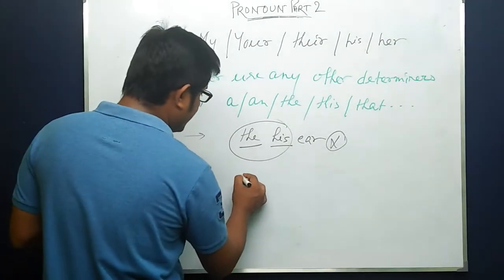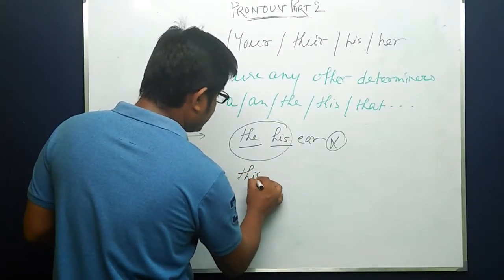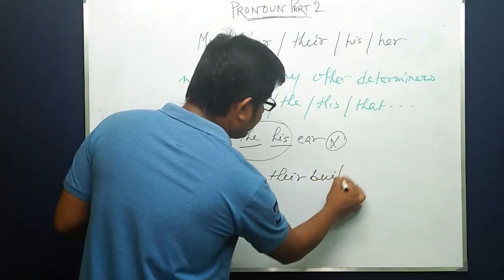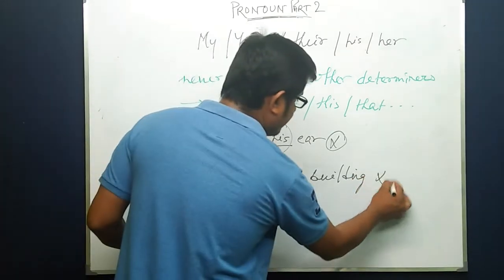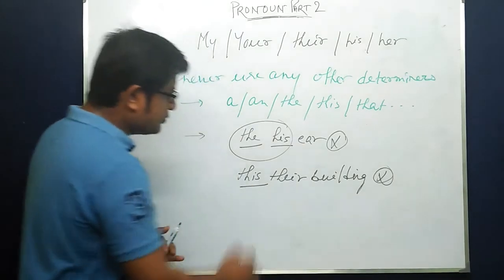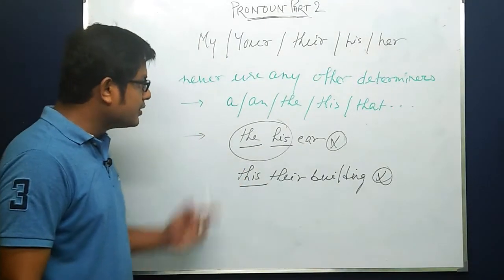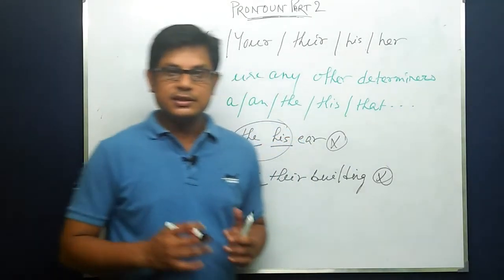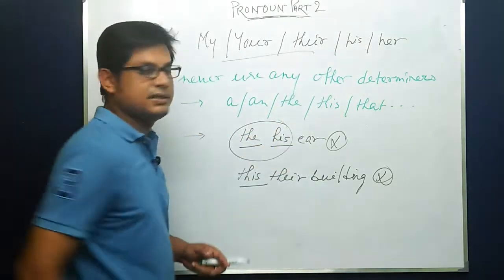Or suppose if you write this they are building, again this is wrong. Clear? These all are wrong. That means you cannot use other determiners along with these possessive pronouns, because these possessive pronouns are used as determiners. Clear? So this is all about how to use them in your sentences, right?